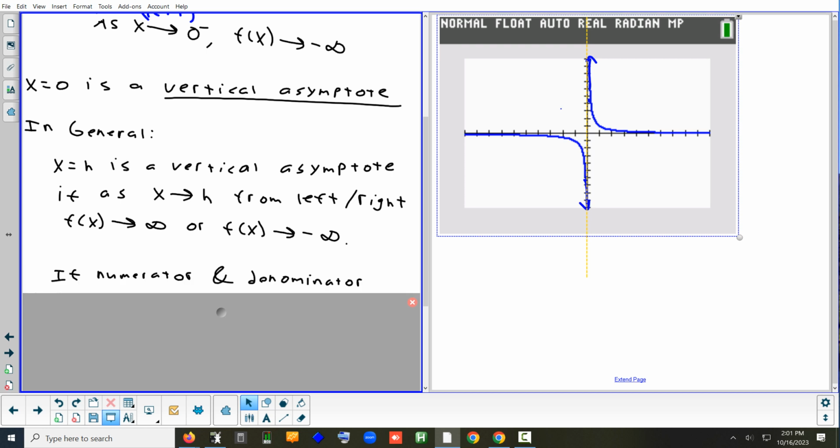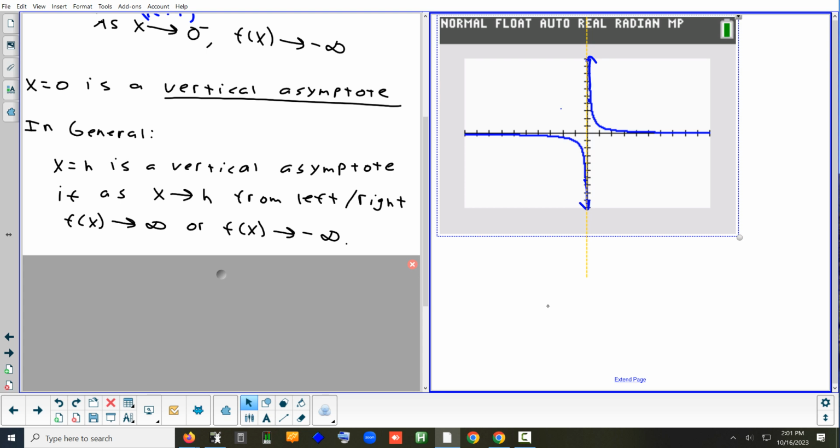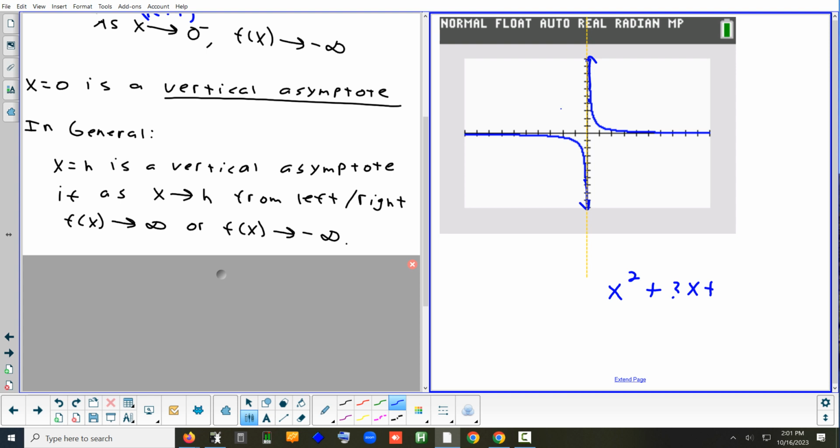Now, let's try it. Let's graph another. Let's do x squared plus 3x plus 2, and let's divide that by x plus 1.